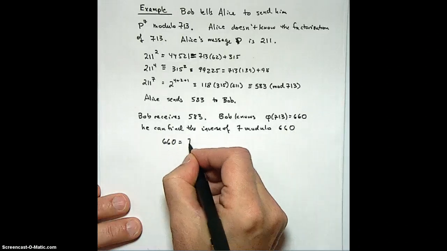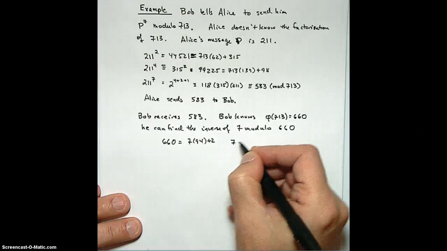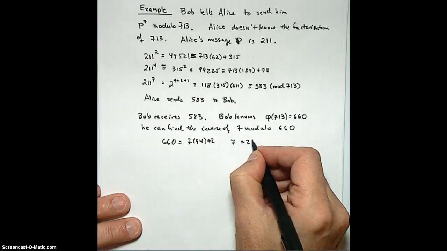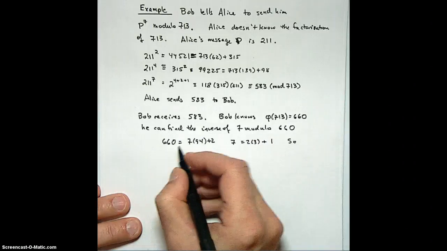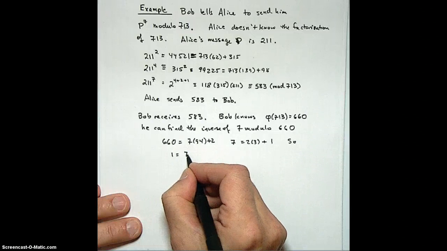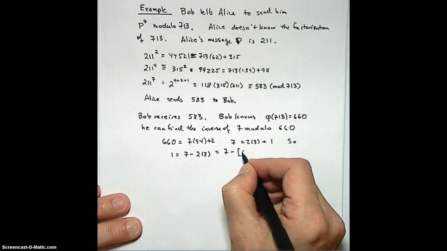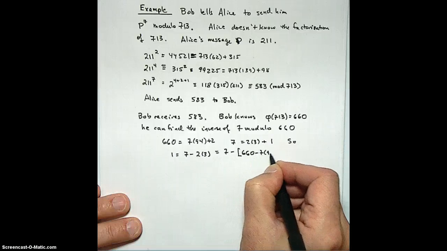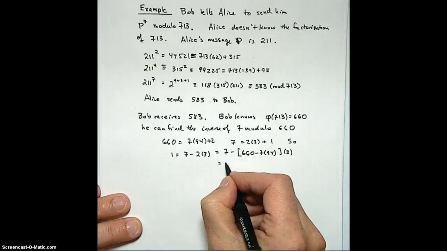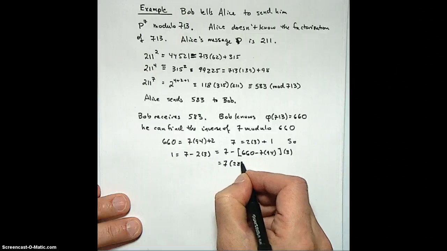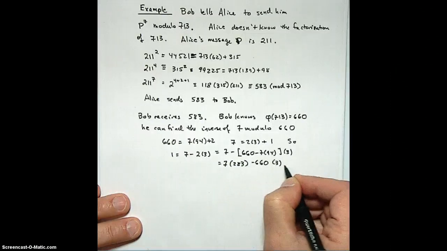660 is 7 times 94 plus 2, and 7 is 2 times 3 plus 1. So 1 is 7 minus 2 times 3, which is 7 minus the quantity 660 minus 7 times 94, times 3, which is 7 times 283 minus 660 times 3.